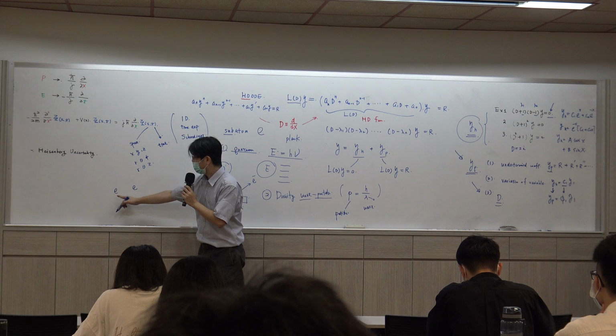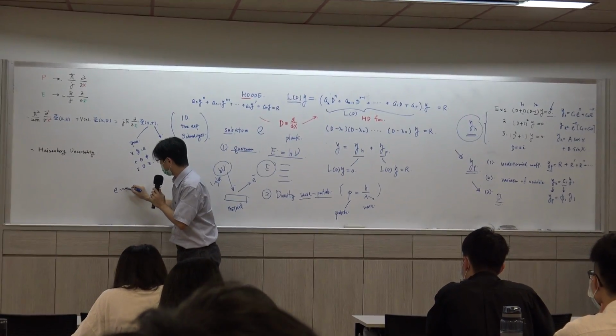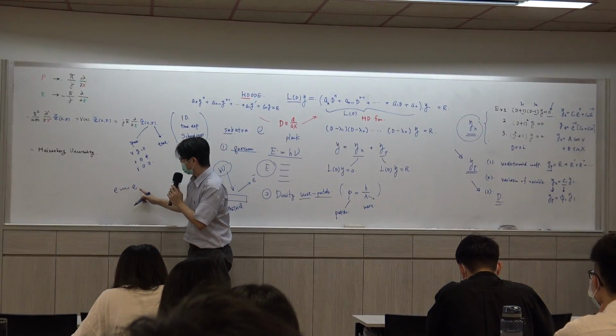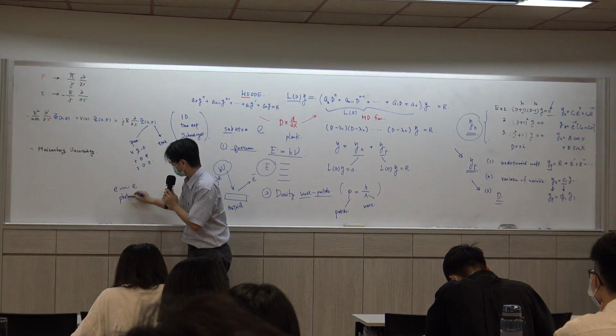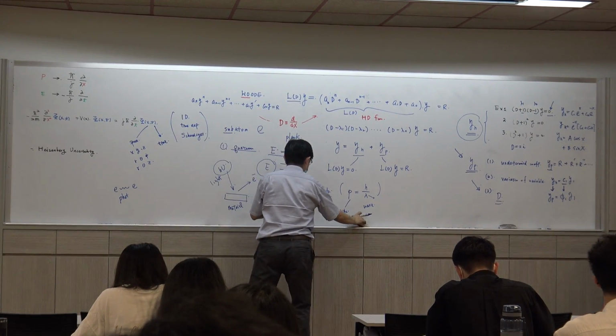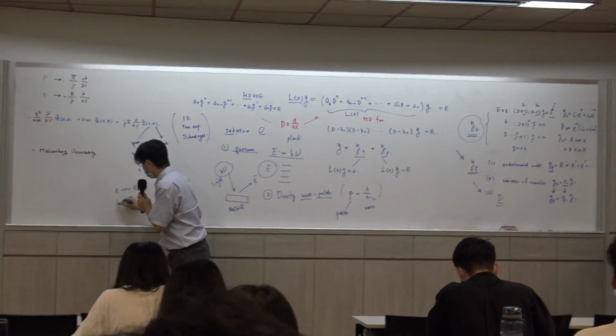How could the two electrons couple together? Because in between the two electrons, we have to combine with the phonon.